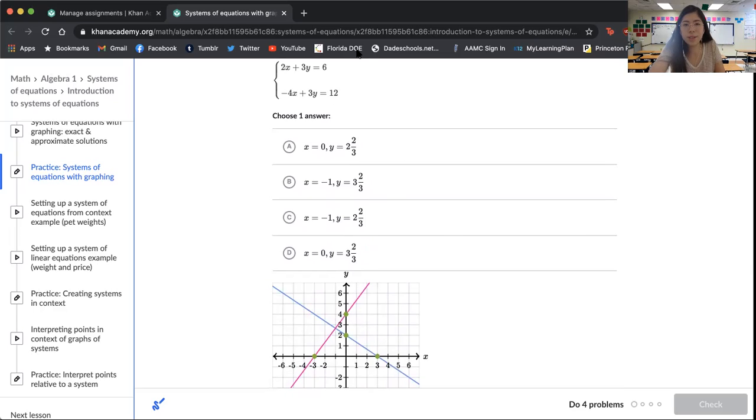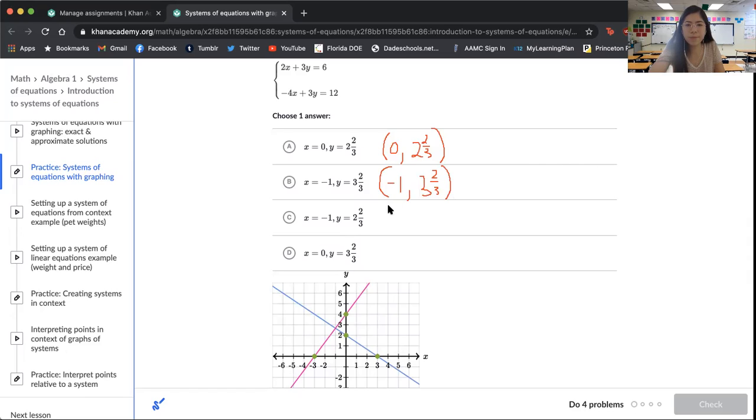So really, for example, answer choice A is the same as 0, comma, 2 2/3. So they're giving you the x value and then the y value instead of a coordinate point. This is the same as -1, comma, 3 2/3. Okay, I was a little confused. Sorry.